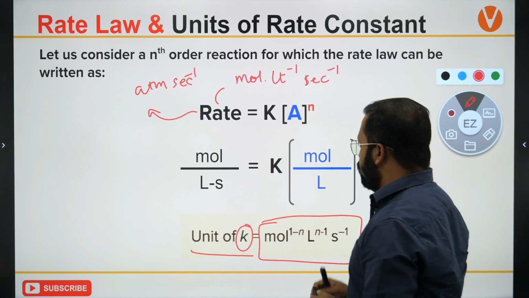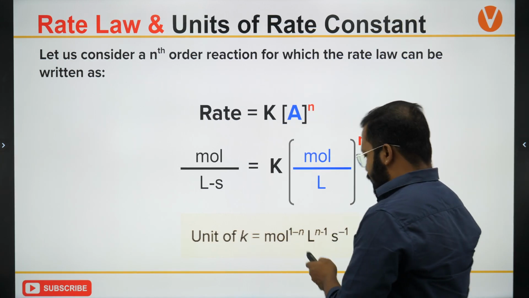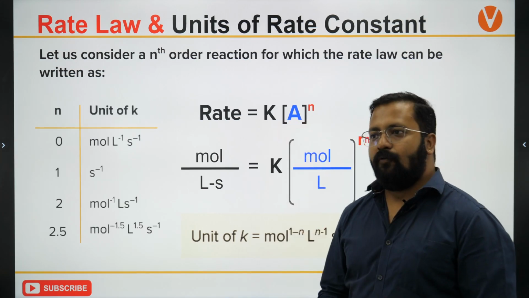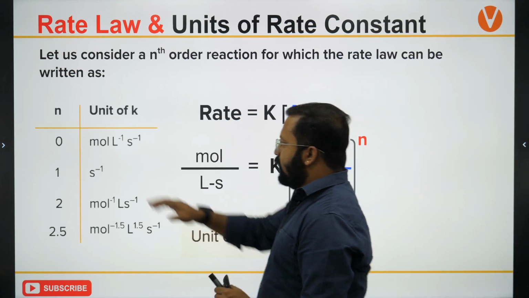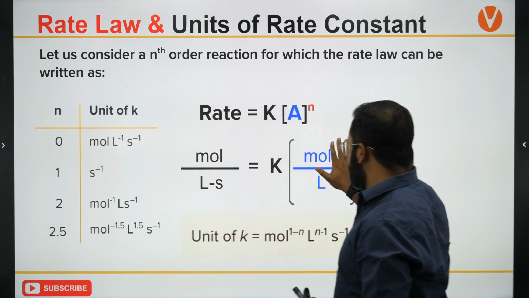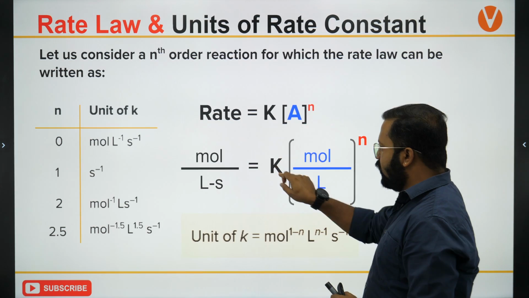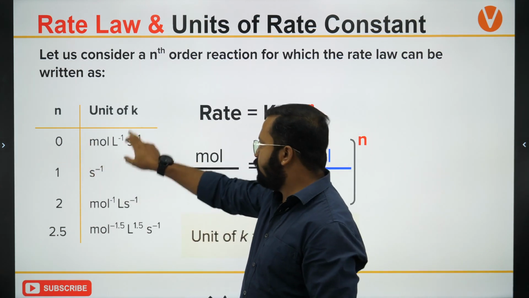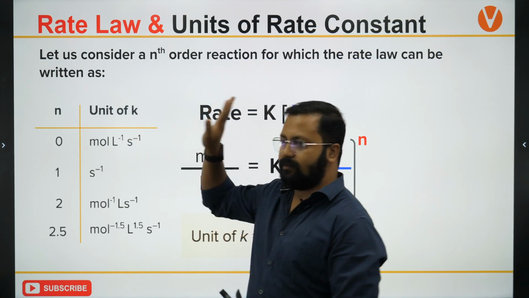Obviously, Preetham. So if I look at what units are possible: if it is a zero order reaction, then this part will become 1 and the unit of K will be nothing but the unit of rate. So for a zero order reaction, the unit of K will be moles per liter per second.